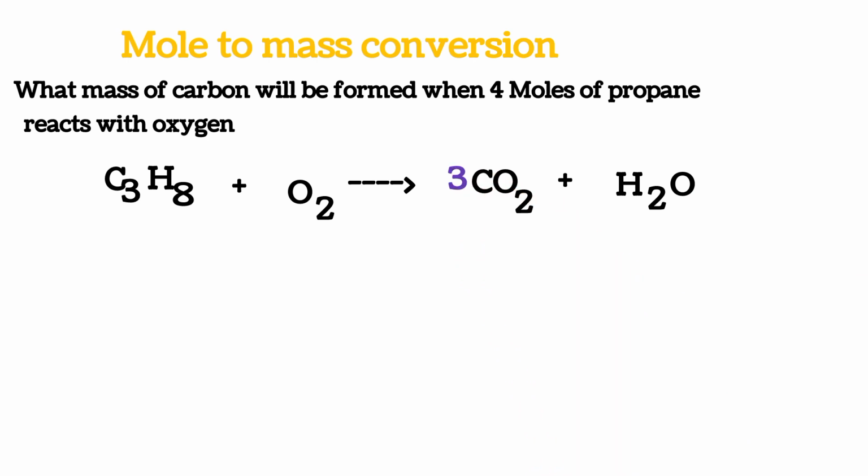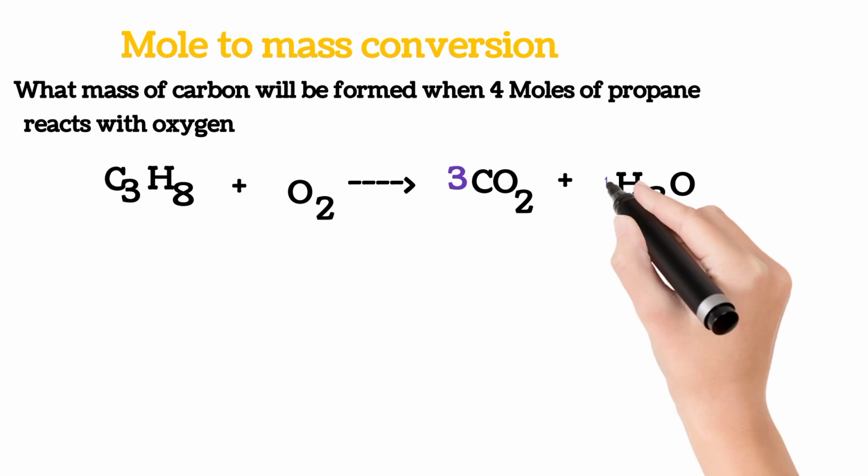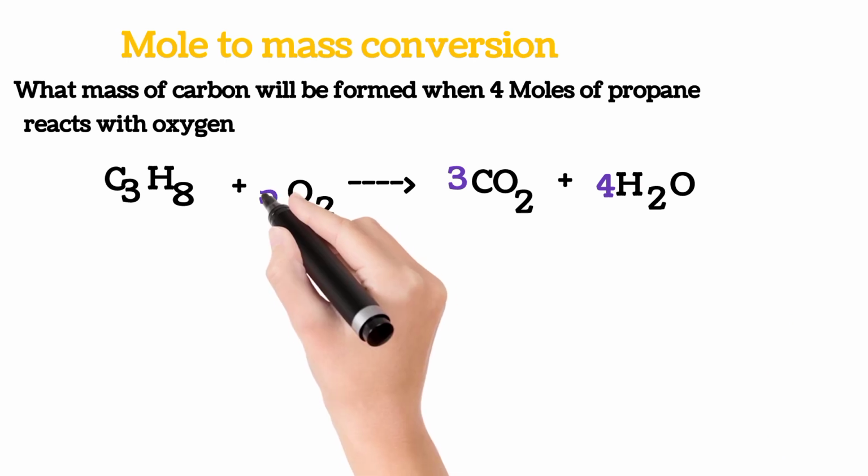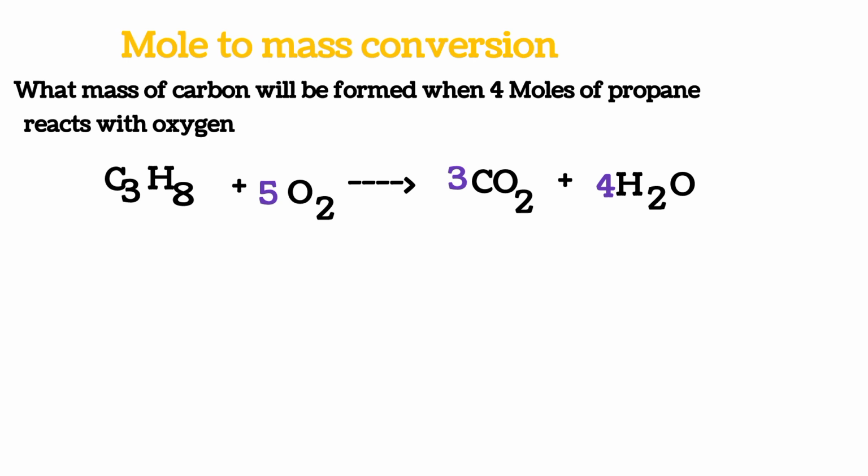Balance the equation. We have 3 carbon on the left, so we'll balance by writing 3 on the right. We have 8 hydrogen on the left, so we'll balance H2O by writing 4 and we'll get 8 hydrogen on the right. Now on the right we have 10 oxygen atoms, so we'll balance by writing 5 in front of oxygen and we'll get a balanced equation as this.